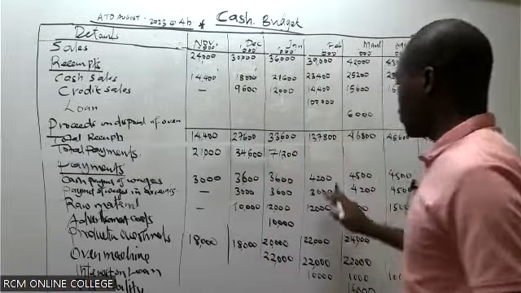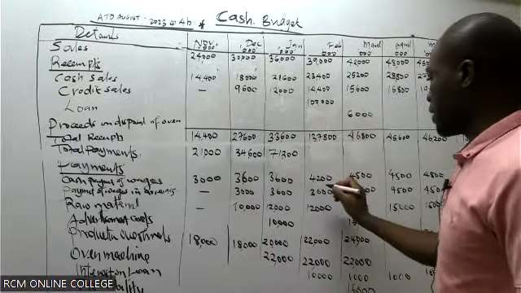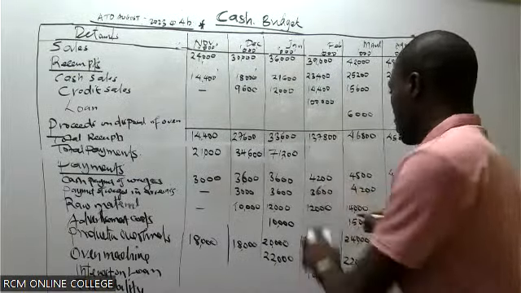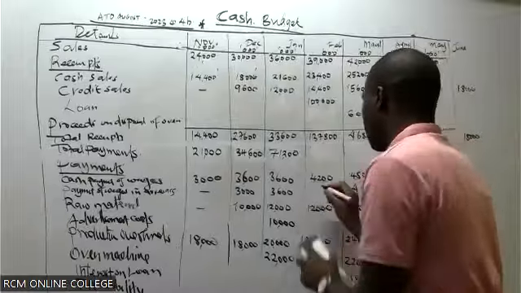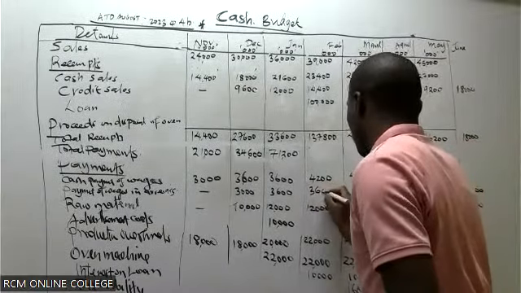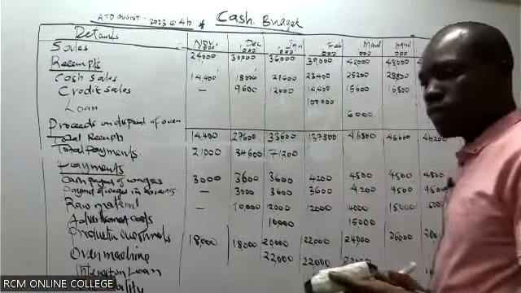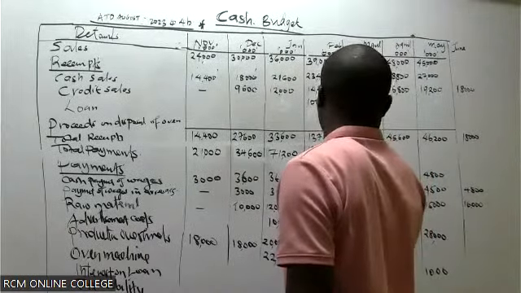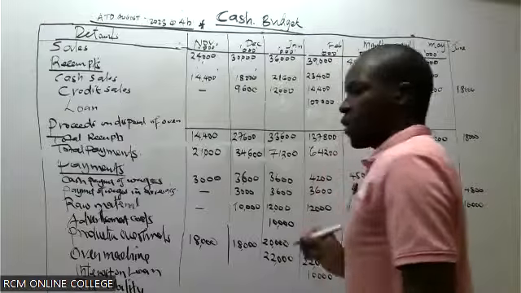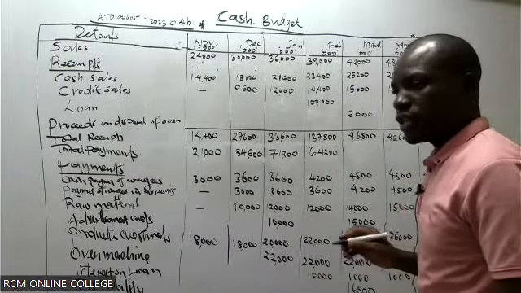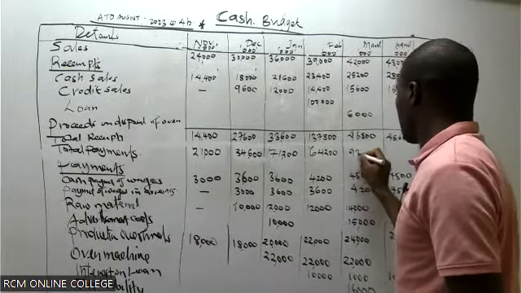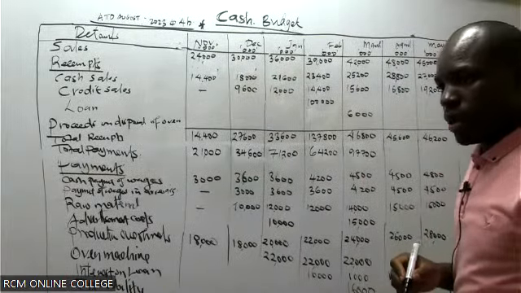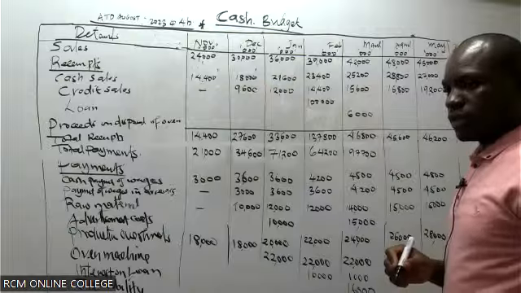How about this other one? Ukiongeza hizi zote unapata ngapi? This is 36. This is 3,600. February 64,200. Then March 97,700. April, May, or March 70.